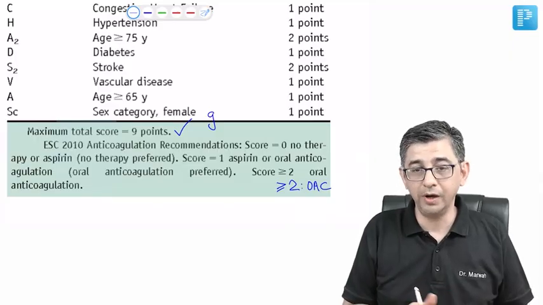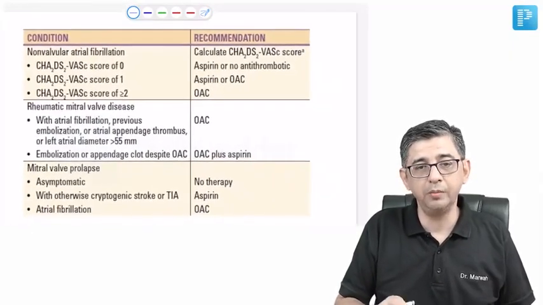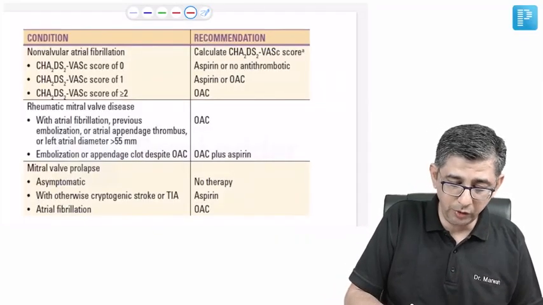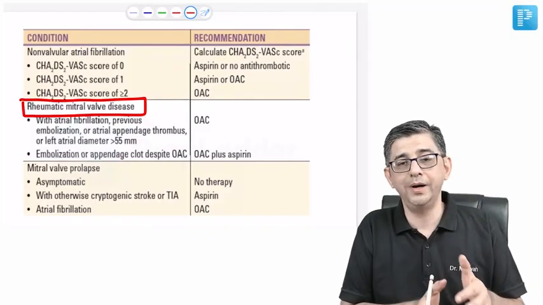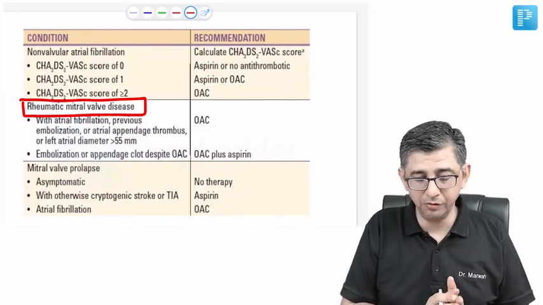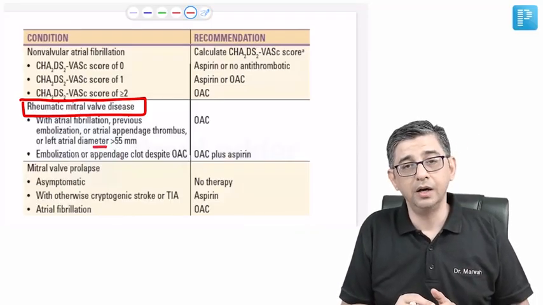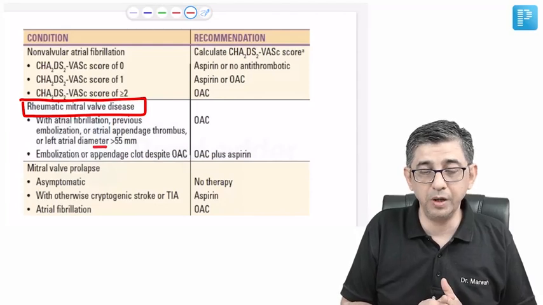And when I say oral anticoagulation, which one would you use, the newer ones or the older ones? This table from Harrison has been asked a lot of times, especially because they talk about rheumatic mitral valve disease as a comorbidity present in the patient with atrial fibrillation. They might talk about the size of the atrial appendage as well. They might say that the left atrial diameter is more than 55 millimeters.